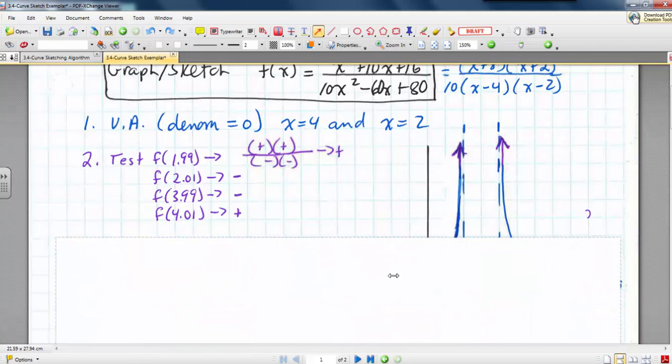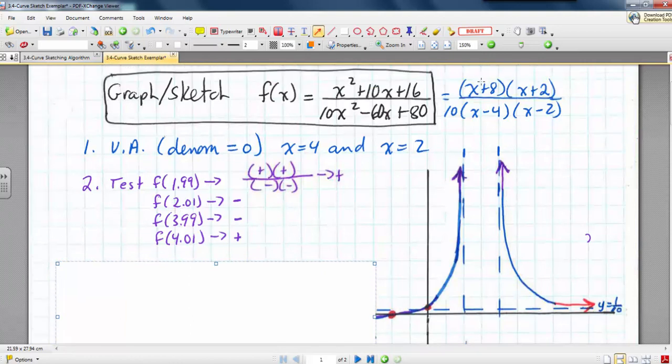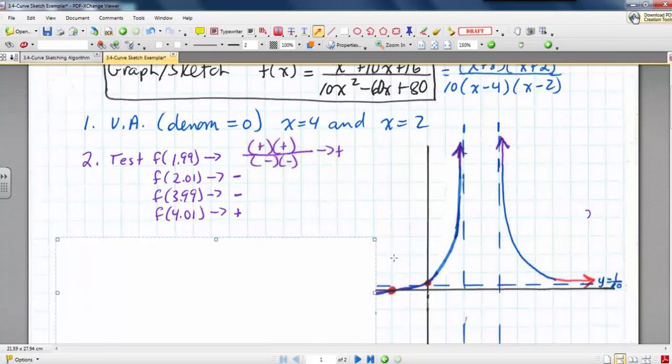Similarly, I can work out the various other options here. When x is 2.01, plugging in those values, positive, positive, negative, positive, so overall negative. 3.99: positive, positive, negative, positive, overall negative. 4.01: positive, positive, positive, positive, overall positive.